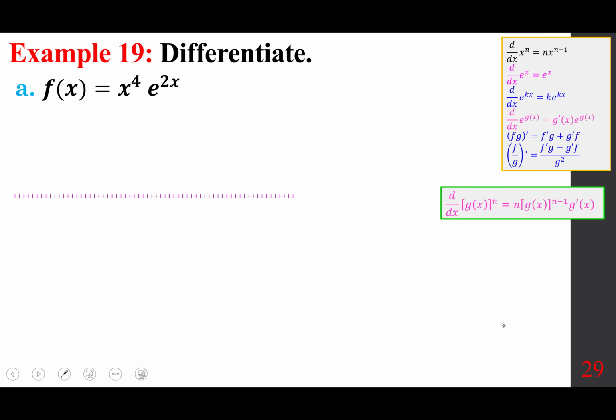We're going to differentiate x to the power of 4 times e to the power of 2x, and we are going to use the product rule. To do so, we're going to put a raised dot in between. And we're going to call this f times g.